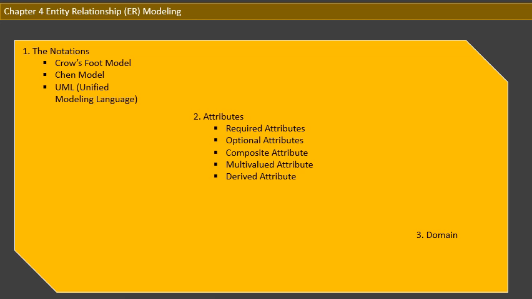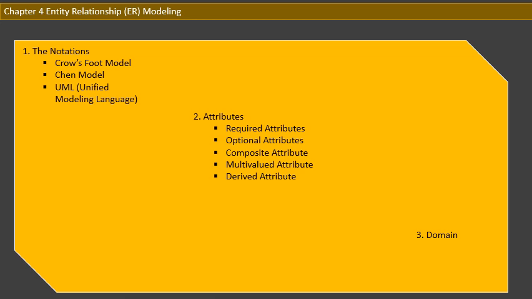And lastly, domain. Domain is basically the possible set of values for any given attribute. Say you have to input your GPA, the system will not accept anything below 0 or above 4, because GPA is determined between 0 and 4. And that would be the end of chapter 4.